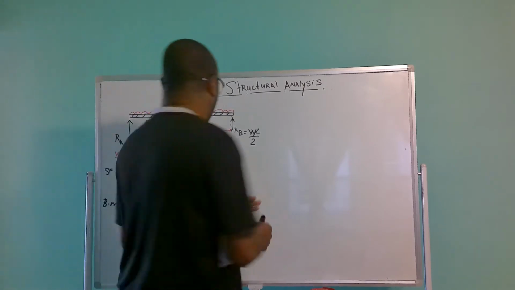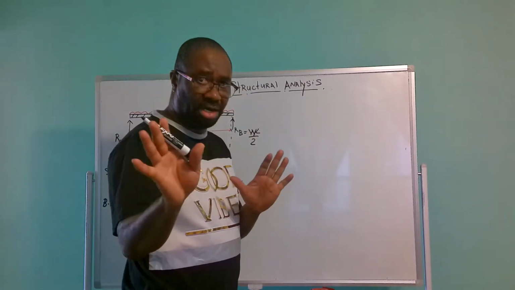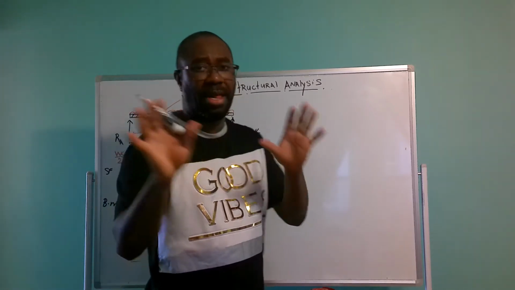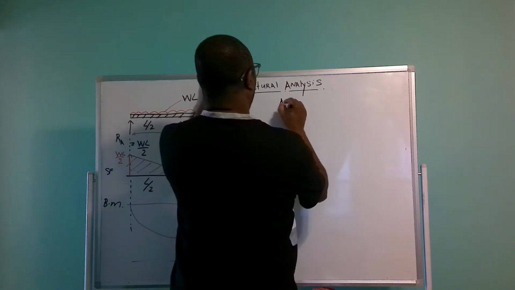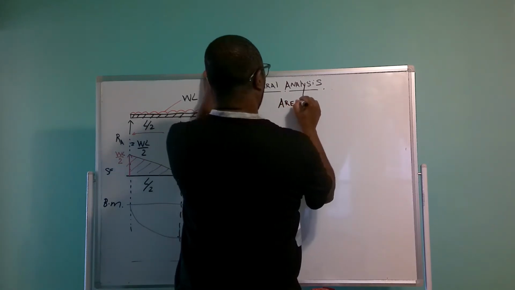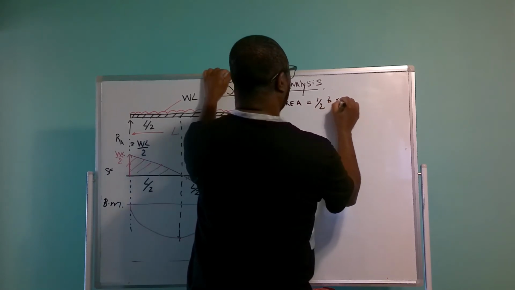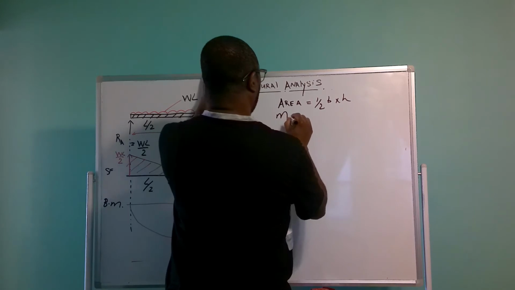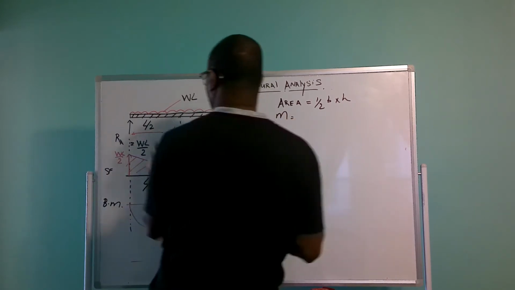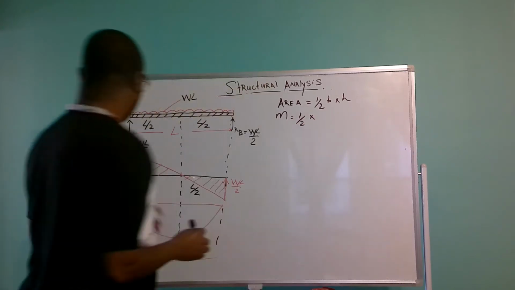So the bending moment is going to be the area of this triangle, and the area of a triangle, which we all know already, is half base times height. So the moment is going to equal a half, right, times the base.